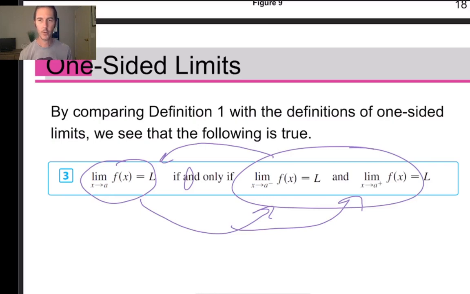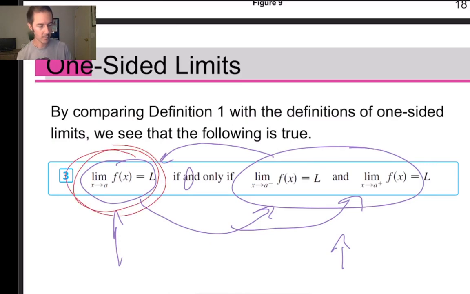It must always be true. If the limit as x approaches a equals L, then the limit from the left and the limit from the right will both approach L. And if the limit from the left and the limit from the right both approach L, then we have permission to say that the limit as x approaches a equals L. I like that idea. They kind of give each other permission.